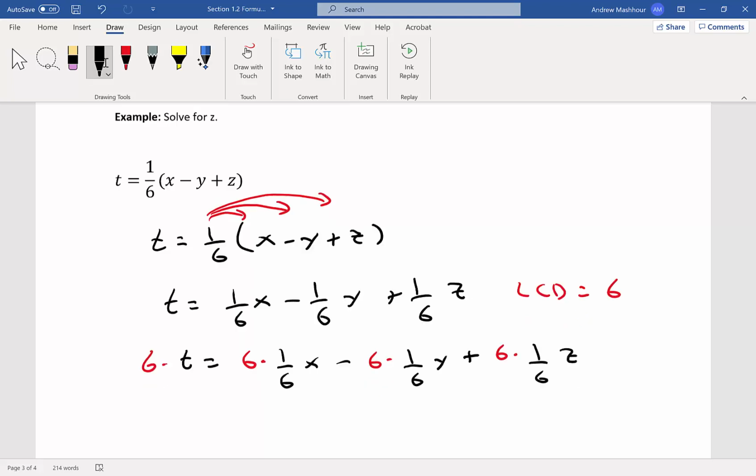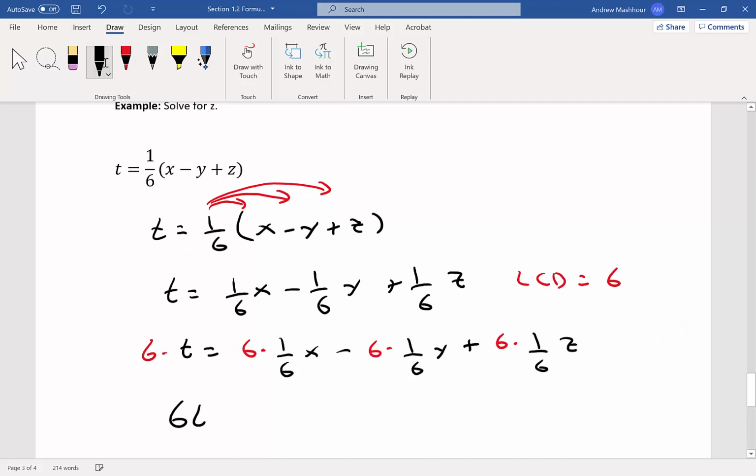Now let's simplify. So 6 times T gives us 6T, and we have equal to, the 6's cancel out over here, the 6's cancel out here, and the 6's cancel out over here as well. So I'm left with x minus y plus z.